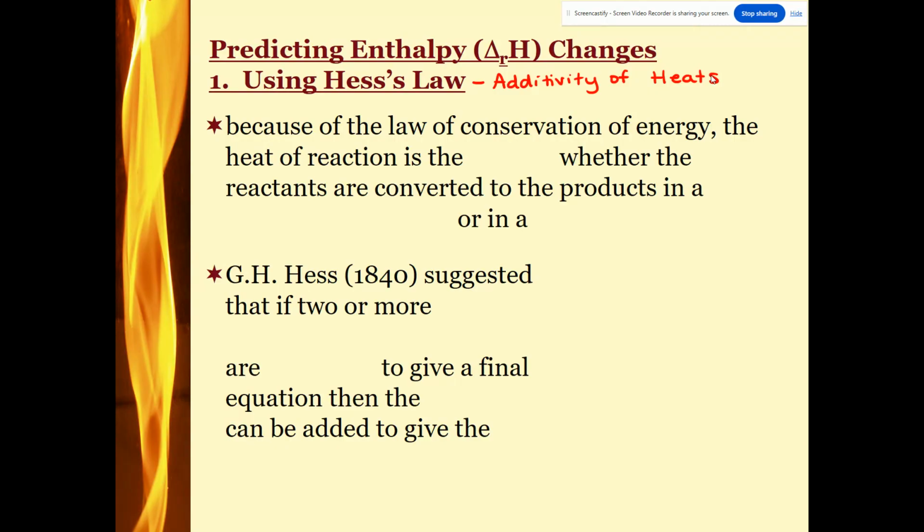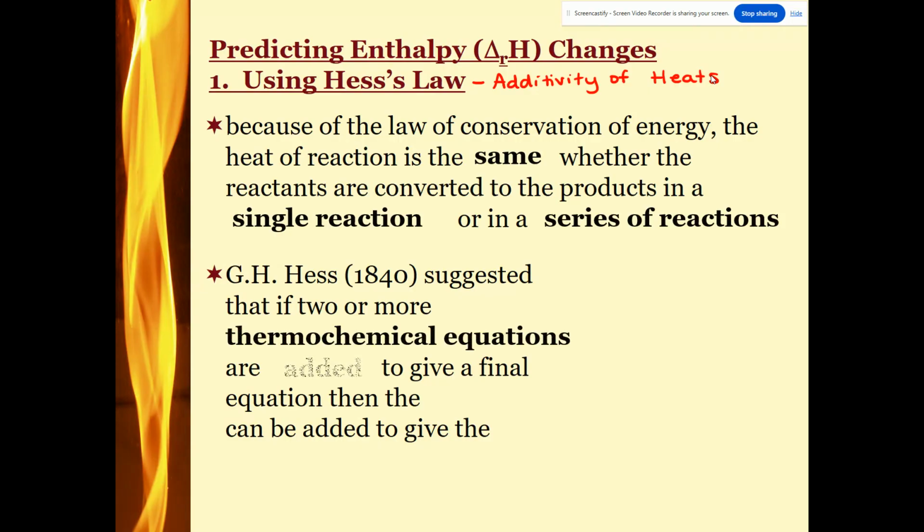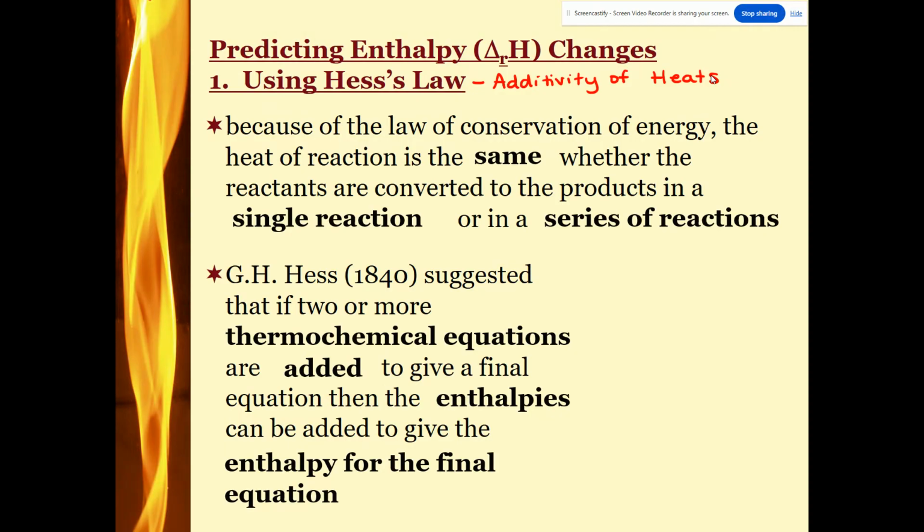If I have a reaction that either proceeds in a single step or in multiple steps in a series of reactions, I can add those reactions together to get the delta H of the net or overall equation.